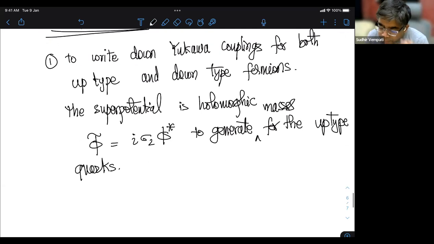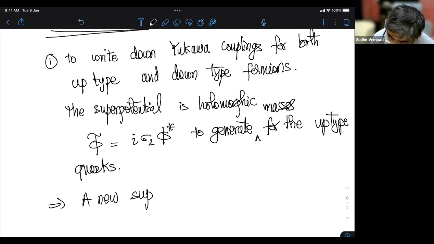It's not possible to do so here, because phi tilde requires phi star, so we cannot reuse it. So we need to introduce an opposite hypercharge. The only solution is a new superfield with opposite hypercharge.